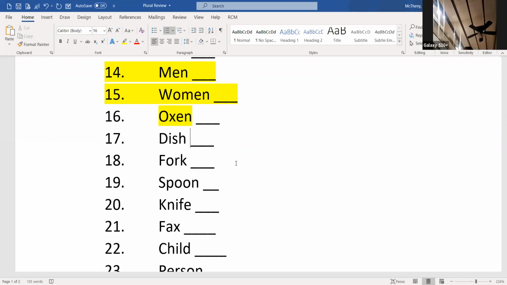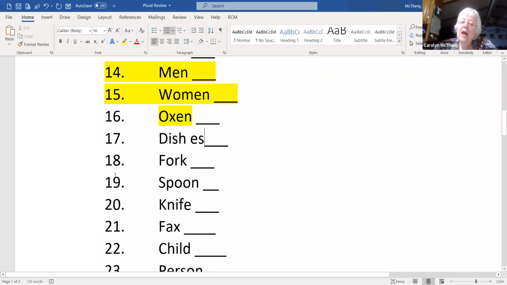Now, number 17, Marty? Number 17. Yes, on the screen. Look at the word. I think this is dish. What ending do we put on dish to make it plural? You tell the children to put more than one plate on the table when everybody's there to eat. So how are we going to write it?